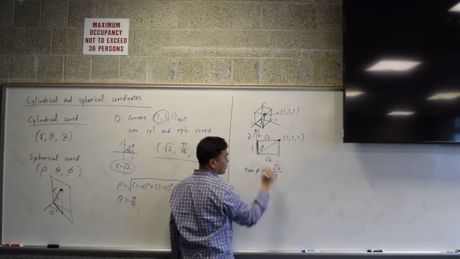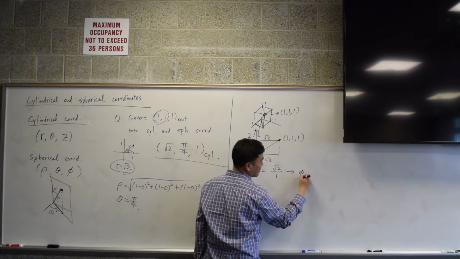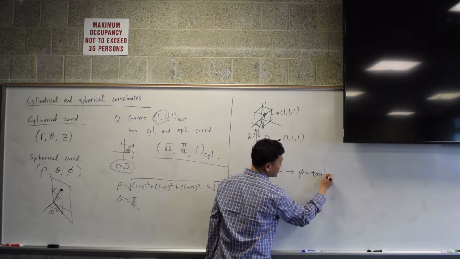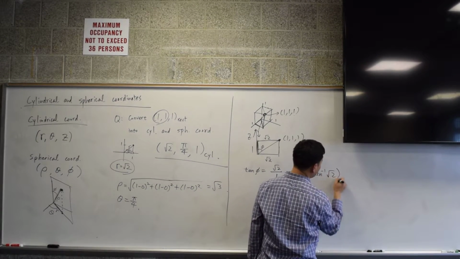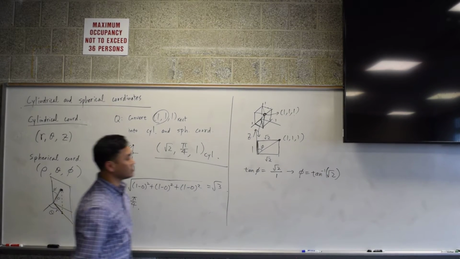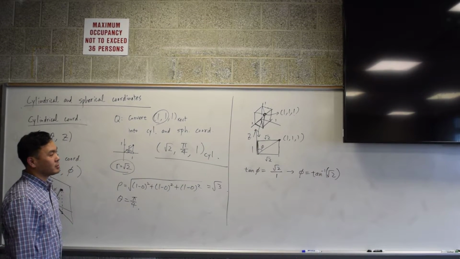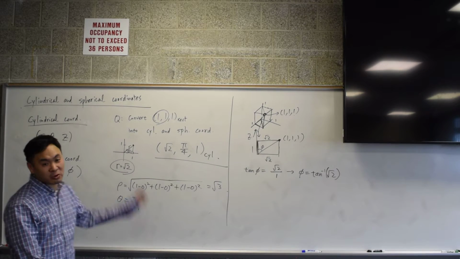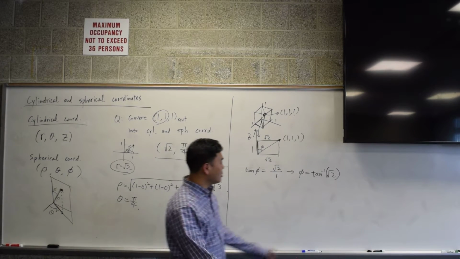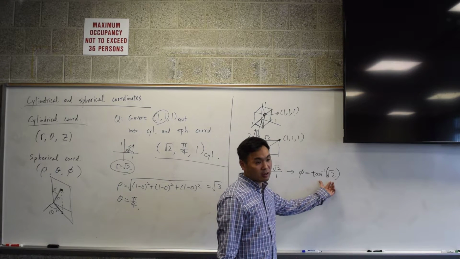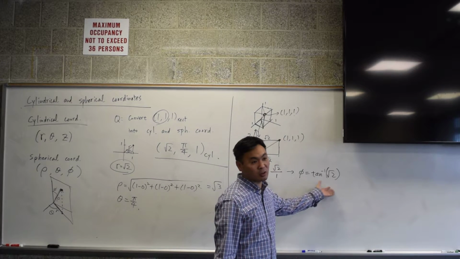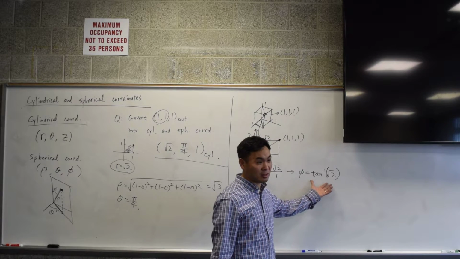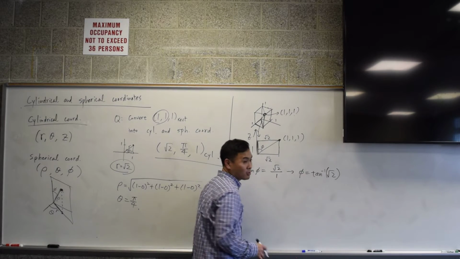So that means phi is tangent inverse of root 2. And that happens to be none of the usual special angles that we know of. If you don't have a calculator, we'll be stuck with this. You can't do anything else but to say it as tan inverse of radical 2.